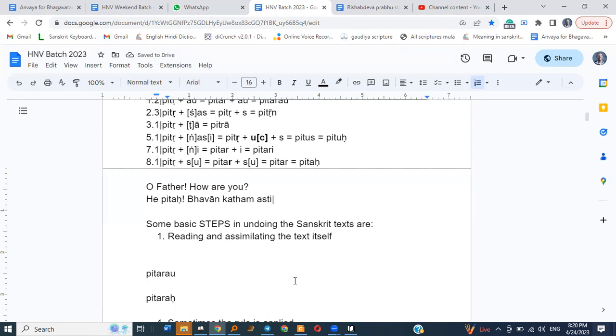Initially I've seen many devotees struggle with the language itself. The words look very complicated to them, right, when they read it initially. So reading it completely, all the letters, the matras, whether it's Devanagari lipi or Roman, whatever script it is, reading it, assimilating it.